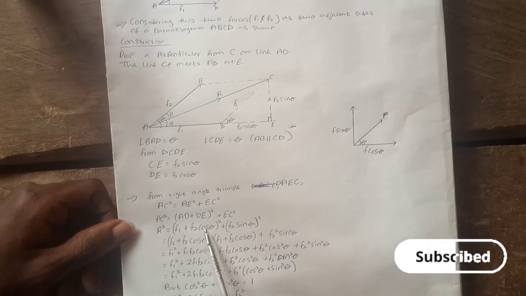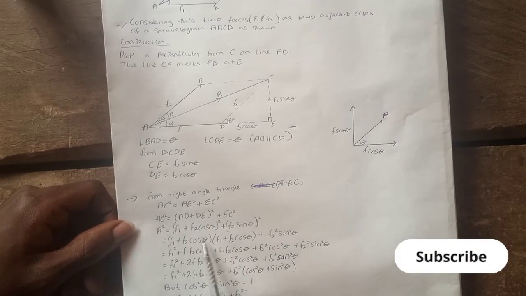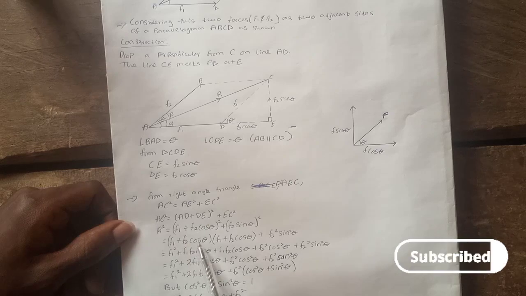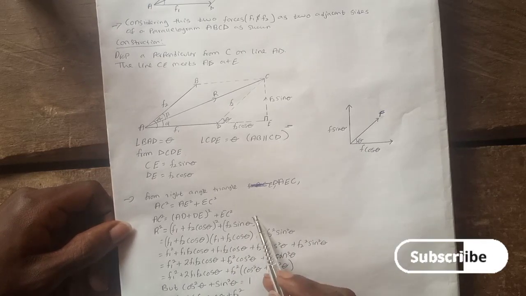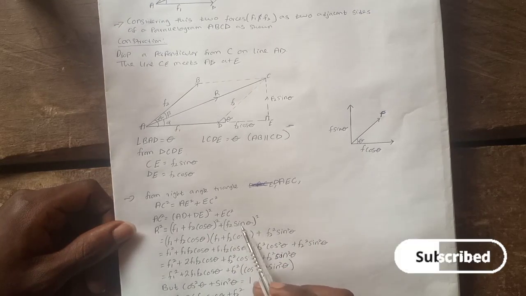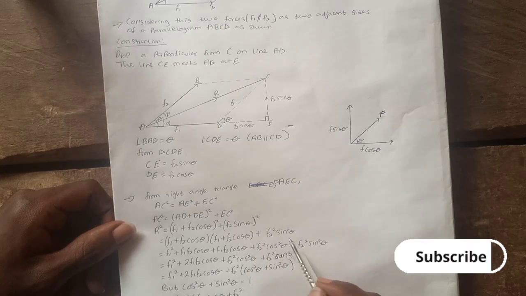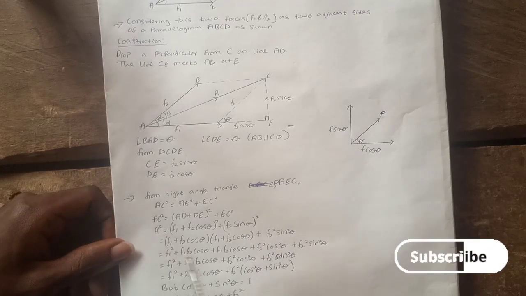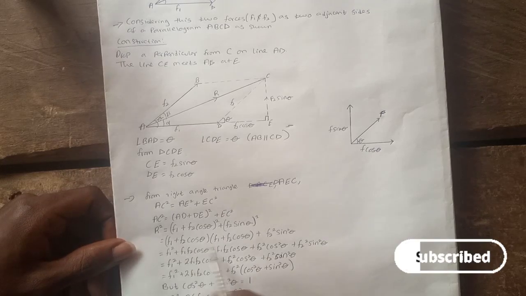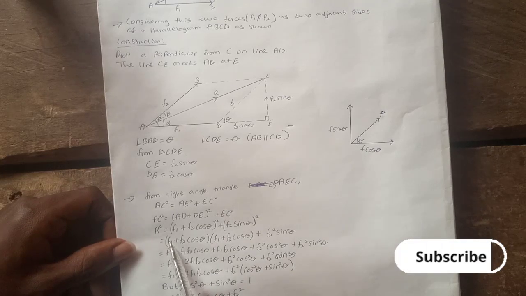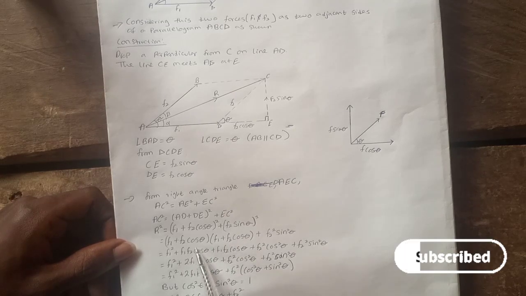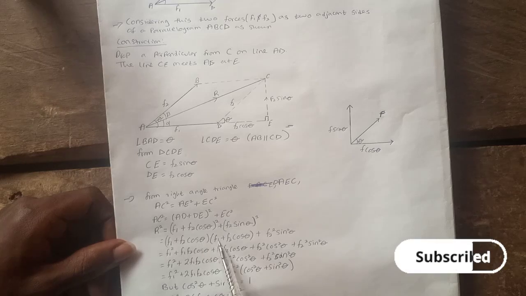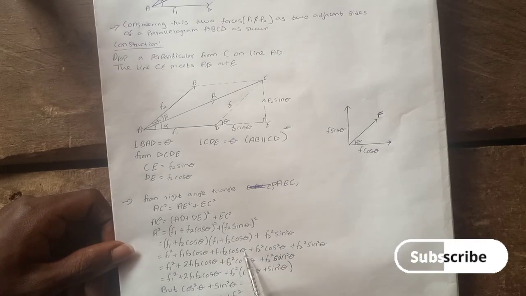Then we begin our normal calculation. We expand them. It will be F1 plus F2 cos theta bracket, times F1 plus F2 cos theta bracket, plus F2 sin theta squared, which is F2 square sin square theta. So when we do this, it will be F1 times F1, F1 square, F1 times F2 cos theta, it will be F1 F2 cos theta. Then same thing here, F2 cos theta times F1, F1 F2 cos theta.